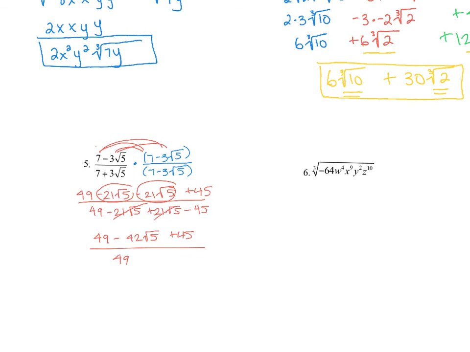These cancel. Minus 45, and we can simplify further. 49 plus 45 gives us 94 minus 42 radical 5 over 49 minus 45, which is just 4. And now the 94, the 42, and the 4 are all divisible by 2. So we get 47 minus 21 radical 5 all over 2.